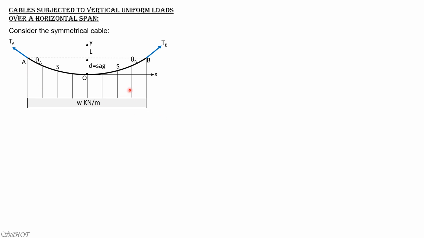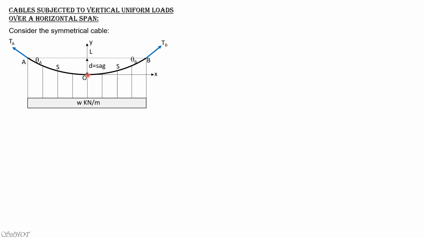So this is a symmetrical cable, and we will show here that the equation of this cable is a parabola. So take note of the elements. So the slope at A is theta A. The tension, of course, is T sub A. This is the y-axis. That's the x-axis. So the lowest point on the cable is the origin.